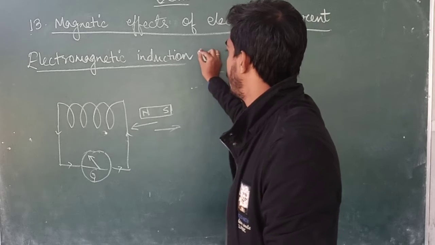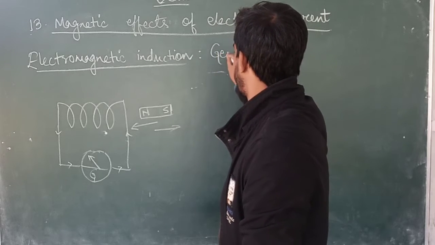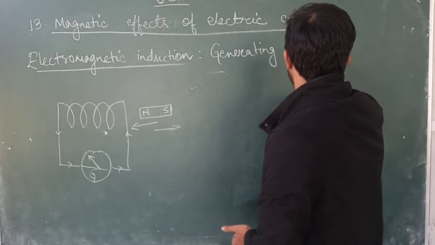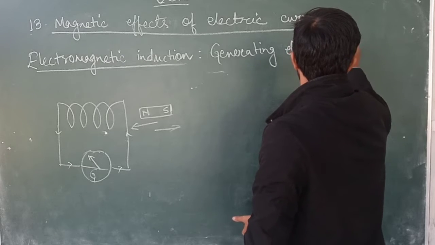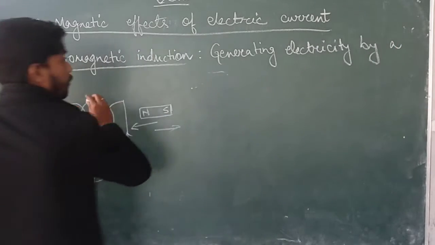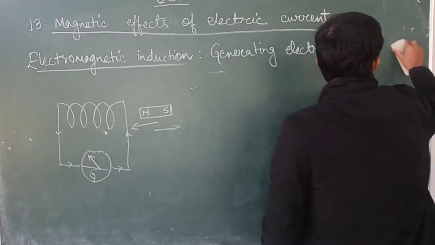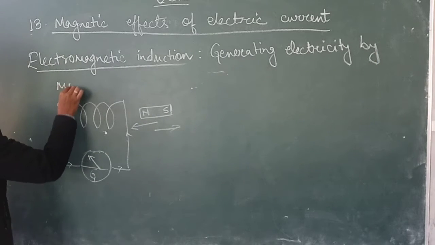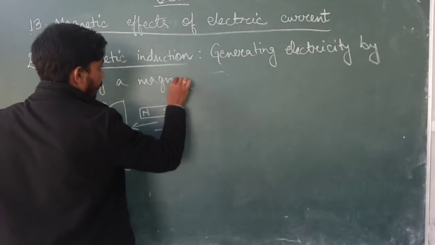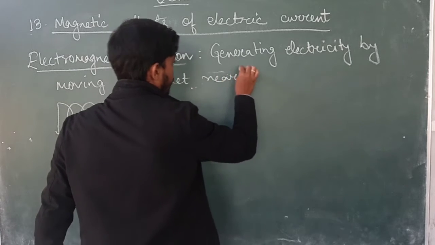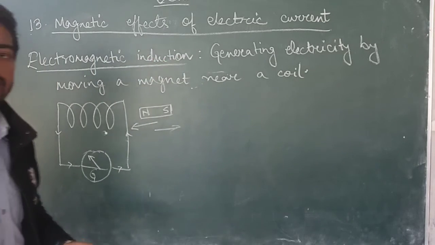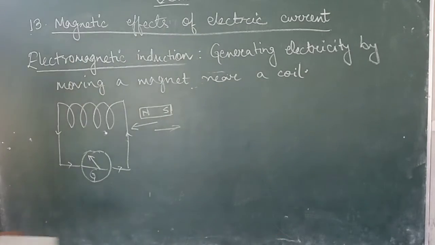So electromagnetic induction, we can say, is generating electricity by moving a magnet near a coil. So this is electromagnetic induction. You can write it down.